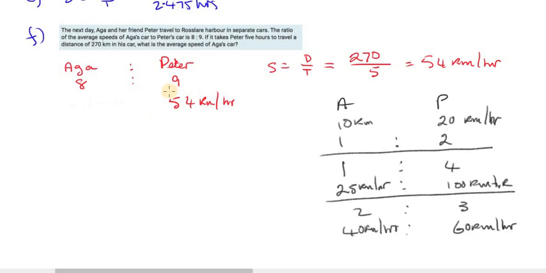Okay, so similarly, up here, what we do is we divide Peter's 54 kilometers by 9 to get one part, and 54 divided by 9 is equal to 6. And then we multiply the 6 by the 8. 6 times 8 is 48. 48 kilometers per hour. So the average speed of Aga's car is 48.